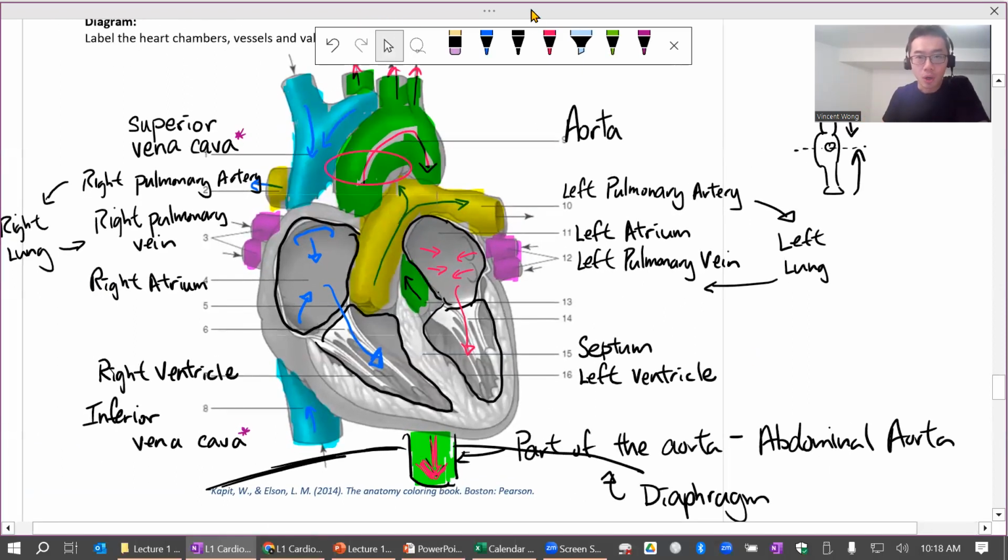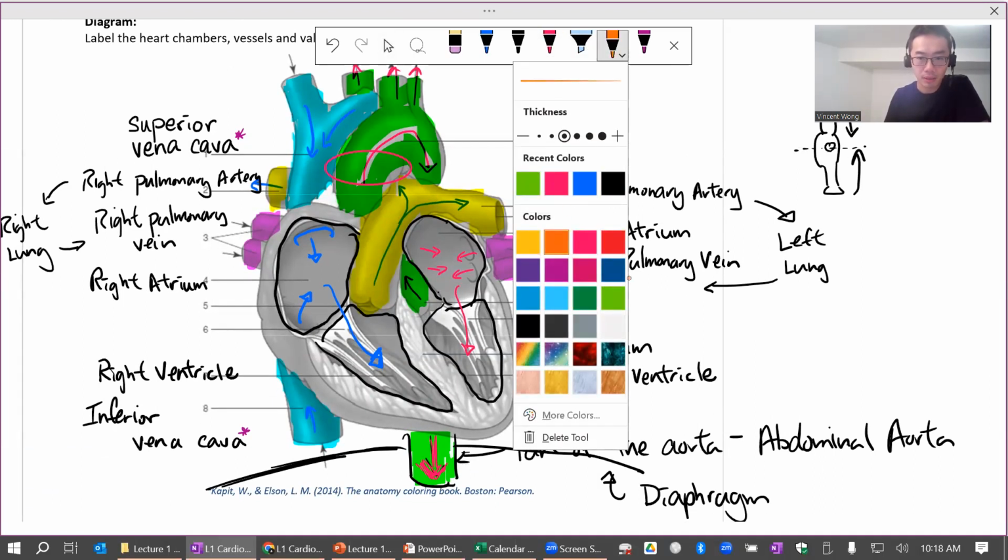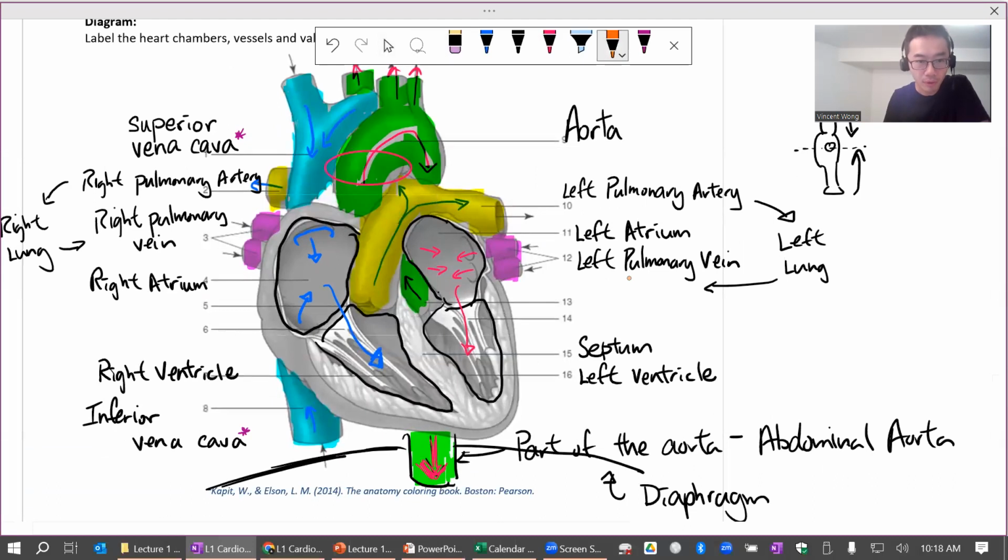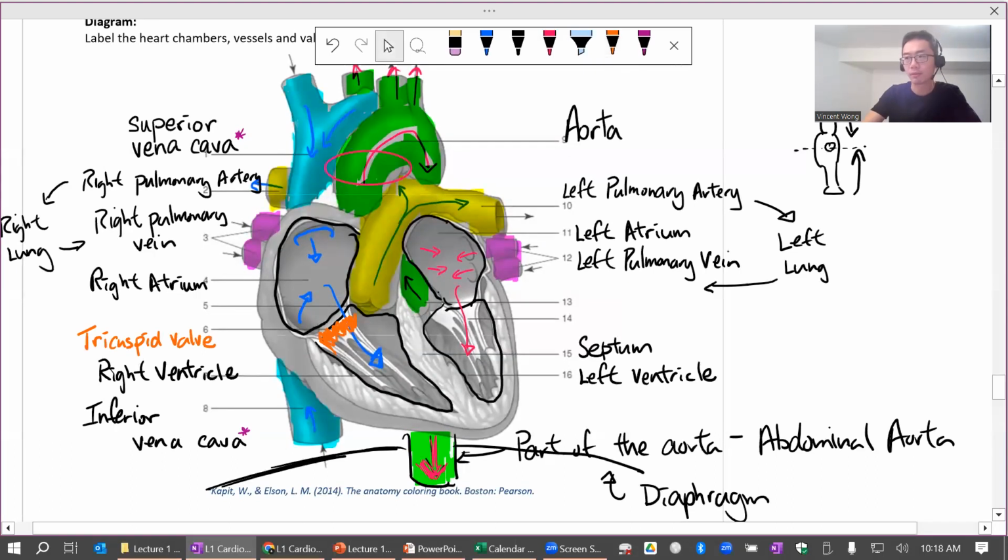I will use 2 sets of color here. Over here on the right side, this little white thing there is the tricuspid valve.